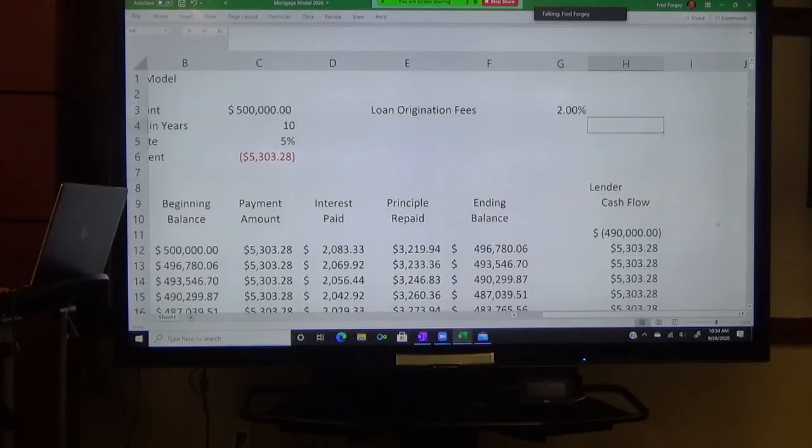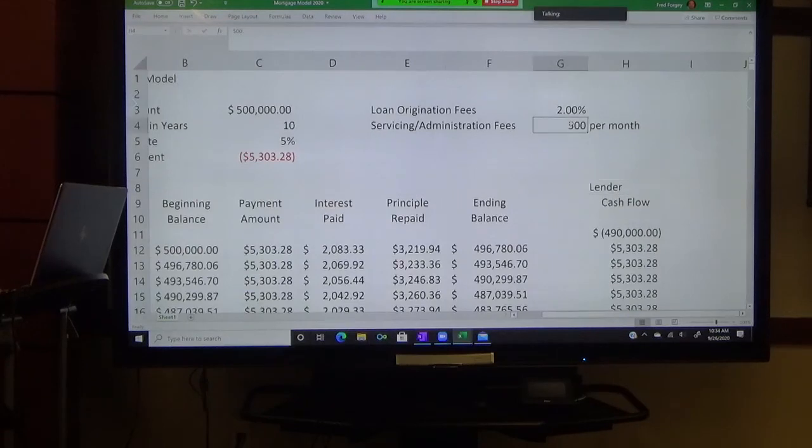Okay, what about servicing fees? We were saying $500 a month.